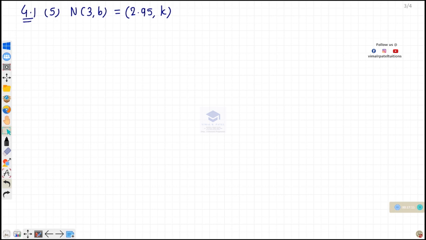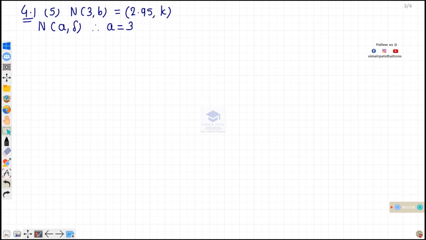Now, this is neighborhood form. So, if we compare, A is equal to 3 because N is 3, b.